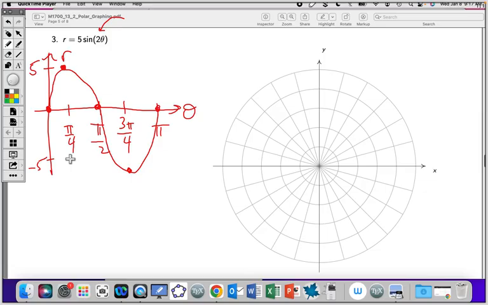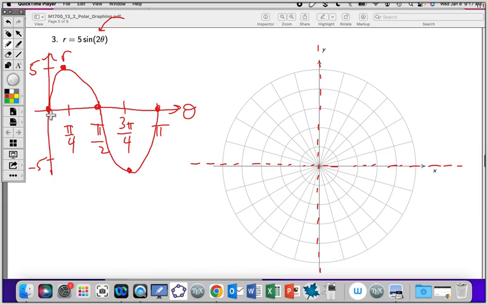Now we notice it does dip below the axis at 0, pi over 2, and pi. So we're going to sketch those in, because those will be the angles through which the curve crosses through the origin.